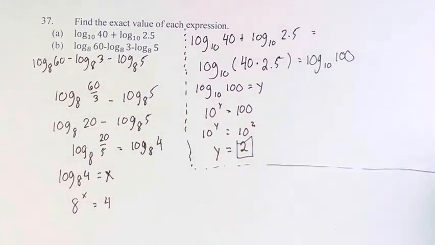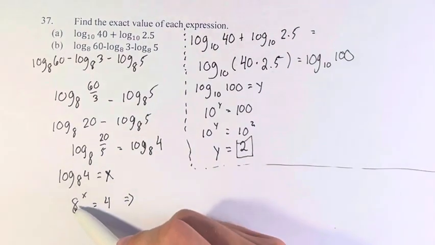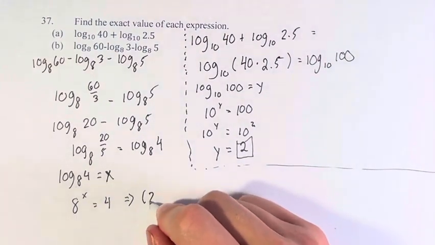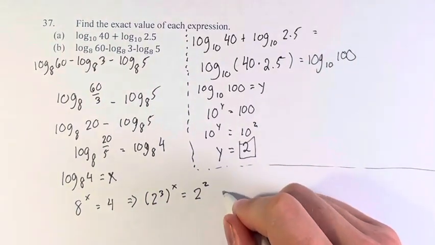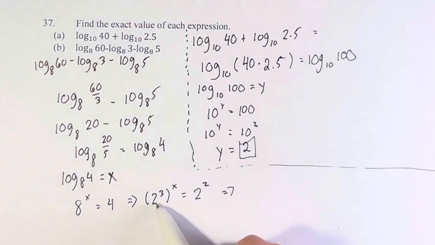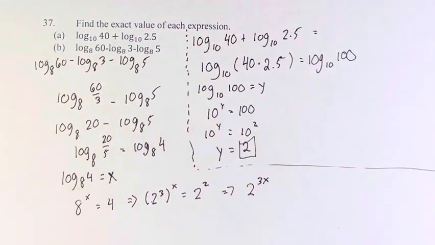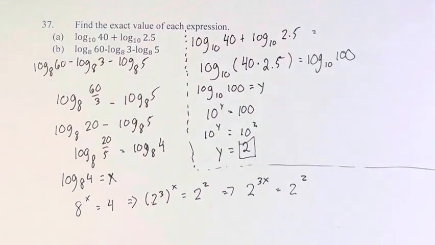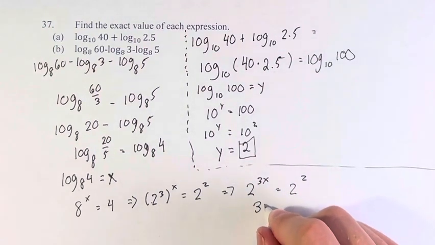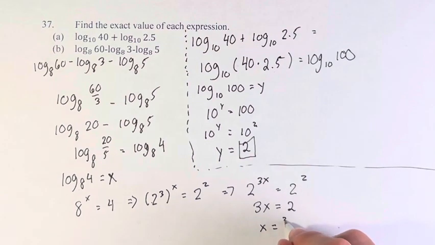And just to keep it on the page, we're going to go this direction. 8 is equal to 2 cubed, so this is 2 cubed to the x. 4 is equal to 2 squared. 2 to the 3 to the x is equal to 2 to the 3 times x. And this is equal to 2 squared. Therefore, we know they have the same base, therefore their exponents must be the same. 3x is equal to 2, and x is equal to 2/3.